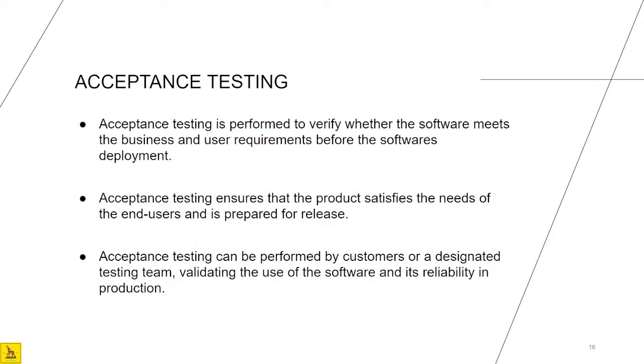Acceptance testing can be performed by the customer or a designated testing team, validating the use of the software and its reliability in production. We do acceptance testing to make sure that our software is completely finished before it goes out for release. The purpose of acceptance testing is to make sure that everything works as intended.